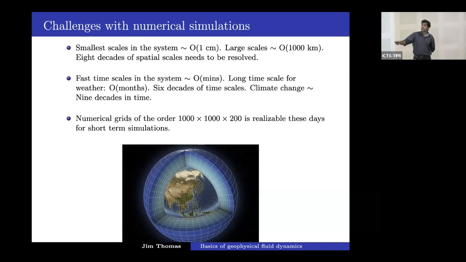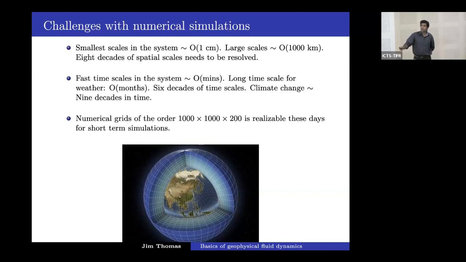If you put in the numbers, there are about 8 decades of spatial scales that need to be resolved. That is very hard in a numerical simulation. People who work with supercomputers can safely resolve about 3 decades, and if you push, up to 4 decades. But resolving 8 decades is really, really hard.